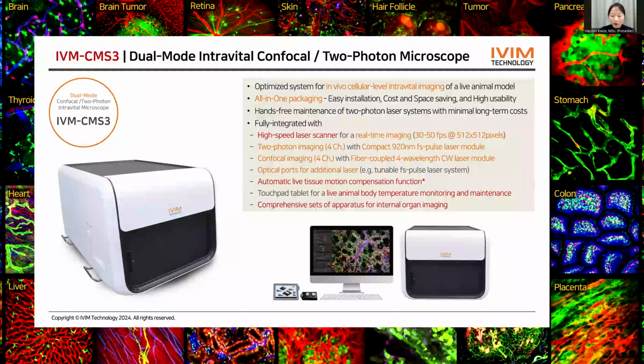Now, I'd like to introduce our latest optimal in vivo imaging system, IVM CMS3, with dual mode confocal and two-photon laser. This is the most compact intravital microscope in the market with co-optimized integrated software. It has many key features, for example, high usability with easy installation, hands-free maintenance, and all-in-one package.